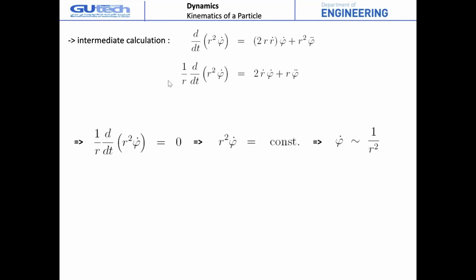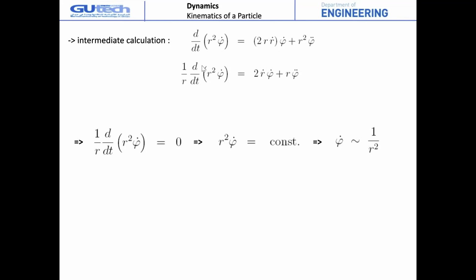There is an intermediate calculation. For example, if we take d over dt of r squared phi dot, r is time dependent and phi dot is also time dependent, so we have 2 times r times r dot phi dot plus r squared times d over dt of phi dot, which is phi double dot.